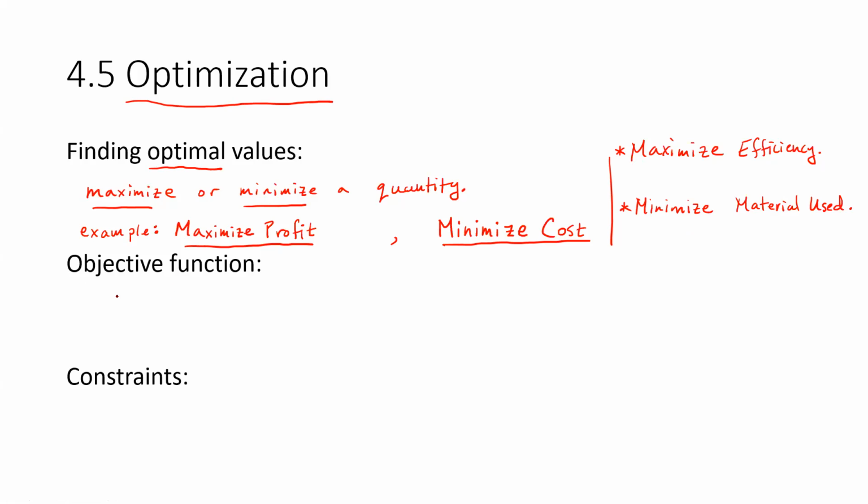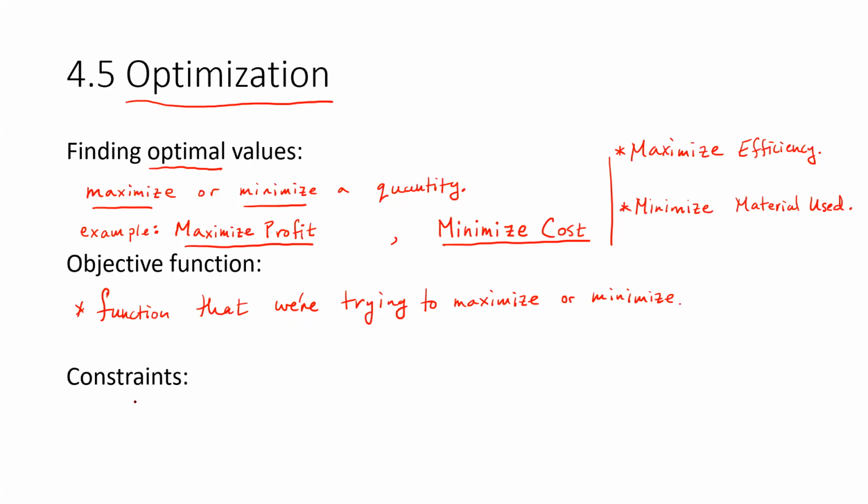The objective function is the function that we're trying to maximize or minimize. The problem is that oftentimes this function could depend on many variables. In this course, we're focusing on single variable calculus, so we want to come up with a function that depends on a single variable.